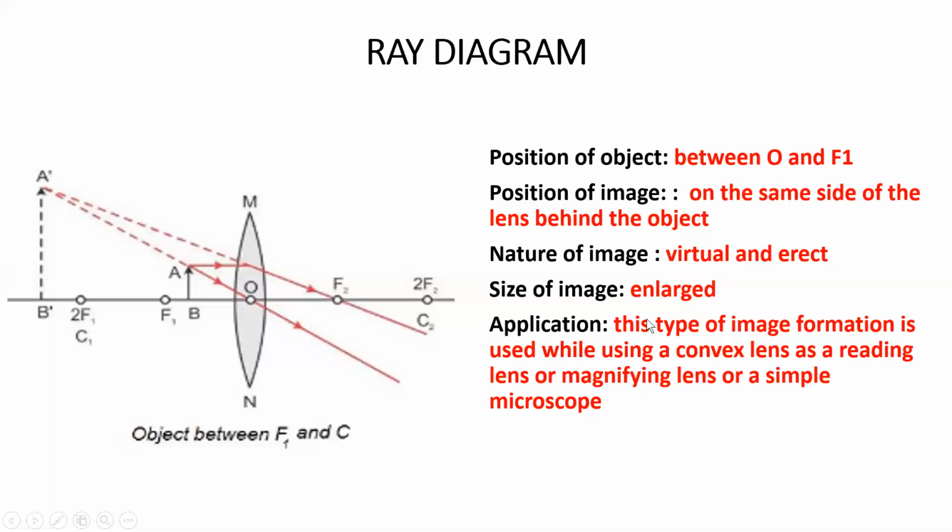And this type of image formation is used while using a convex lens as a reading lens or magnifying lens or a simple microscope. So when you are using this lens as a magnifying lens or in a simple microscope, the object should always be kept between optical center and focus. Only then will the image be enlarged, virtual and erect.